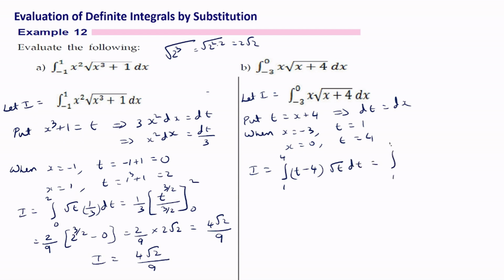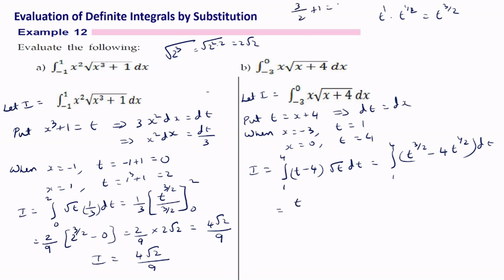So this is integral 1 to 4. Now let us multiply t into root t. So t into root t is t raised to 1 into t raised to half, so it is t raised to 3 by 2. So here it is t raised to 3 by 2 minus 4 t raised to half dt. Now integral of t raised to 3 by 2 is t raised to 3 by 2 plus 1 by 3 by 2 plus 1.